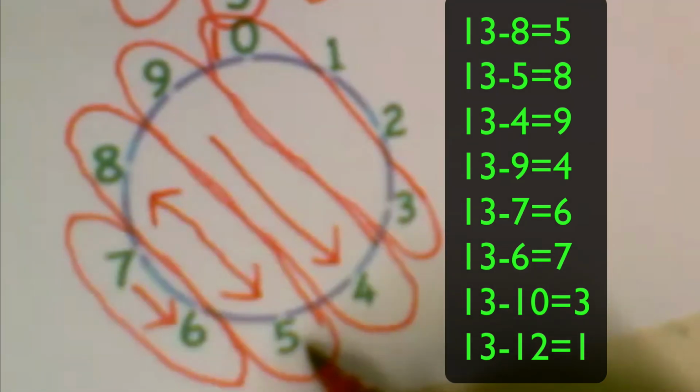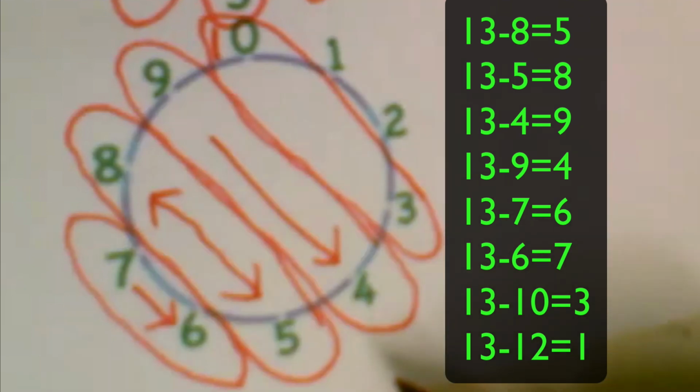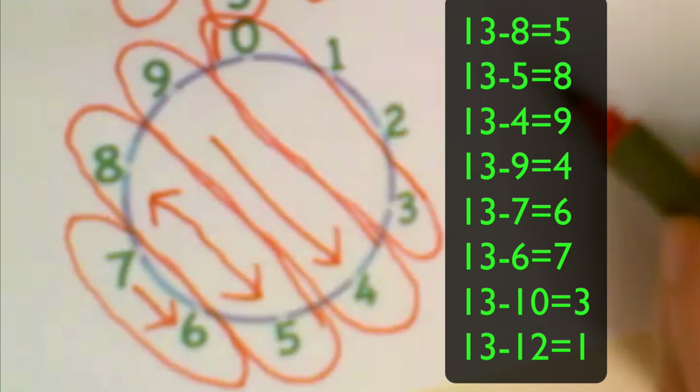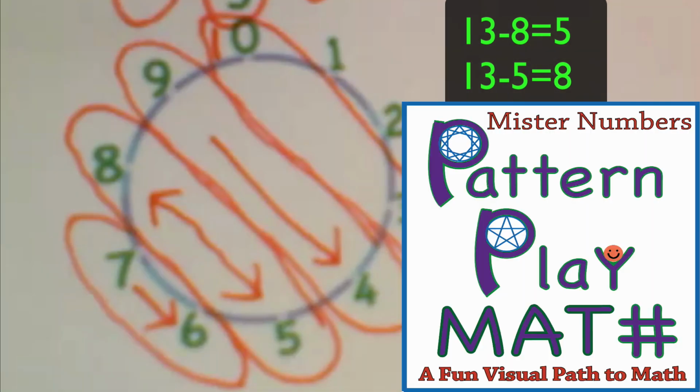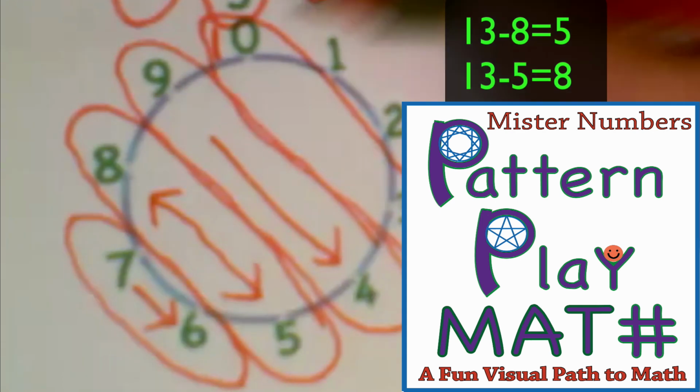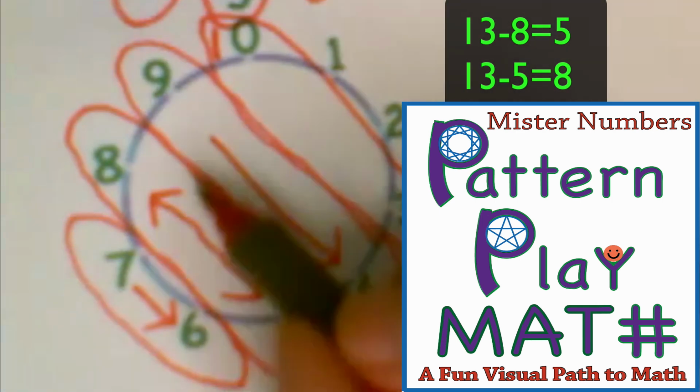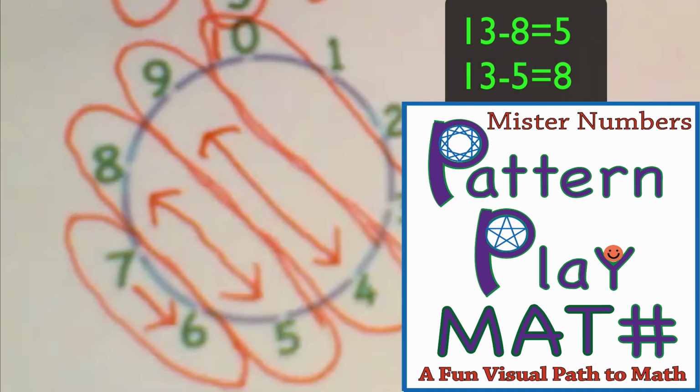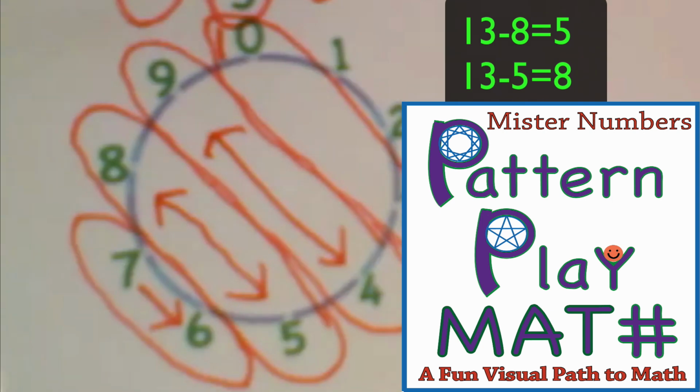So 13 minus 5 is how much? 8. Yeah. And 13 minus 4 is, just look on the 13 wheel. 4 is 9. Yeah.